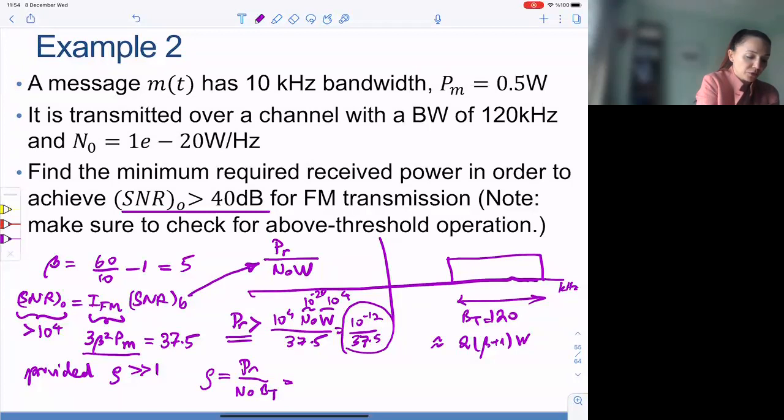Okay, so this is 10 to the minus 12 over 37.5, divided by 10 to the minus 20 times 120 times 10 to the 3.